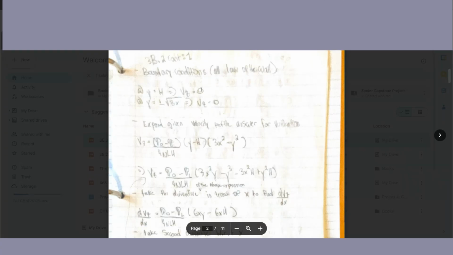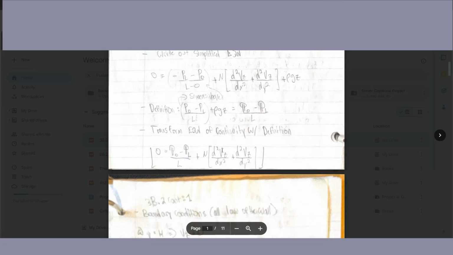All right, so now boundary conditions at the walls. I don't know why I wrote this here because you don't really need it, but we're going to expand the given velocity profile to get d²vz/dx² and d²vz/dy², and then we're going to plug those in here and we're going to see that this equation is true.